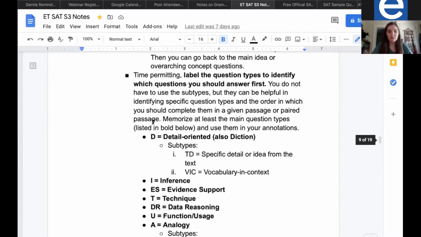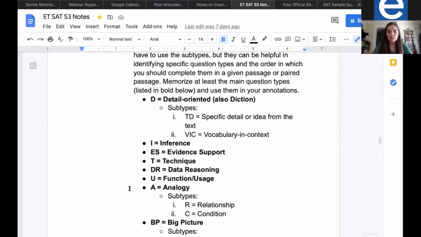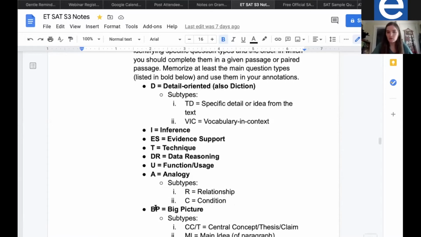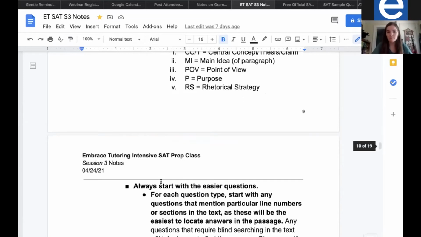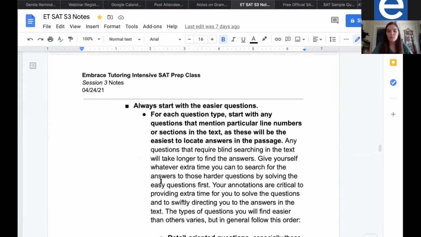I'm not going to belabor the reading section, but just remember that you should also be working on understanding the coding system I gave you for identifying different question types. You can just focus on memorizing the main ones I've given you in bold that we went over last week. But you do need to start coding them, because we're going to be referring to those codes in our lessons.